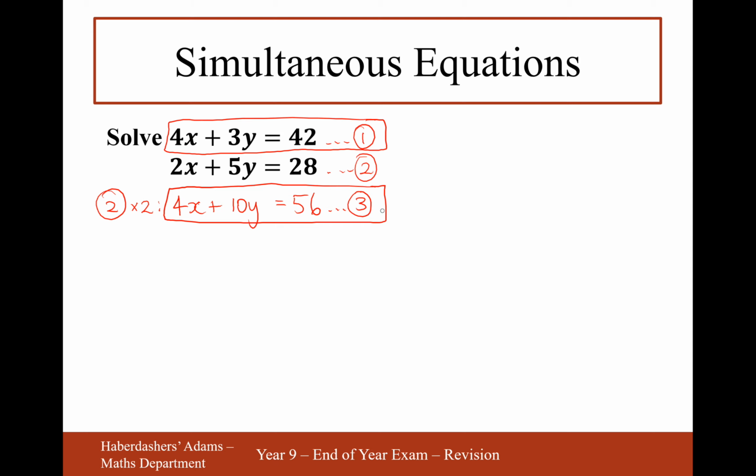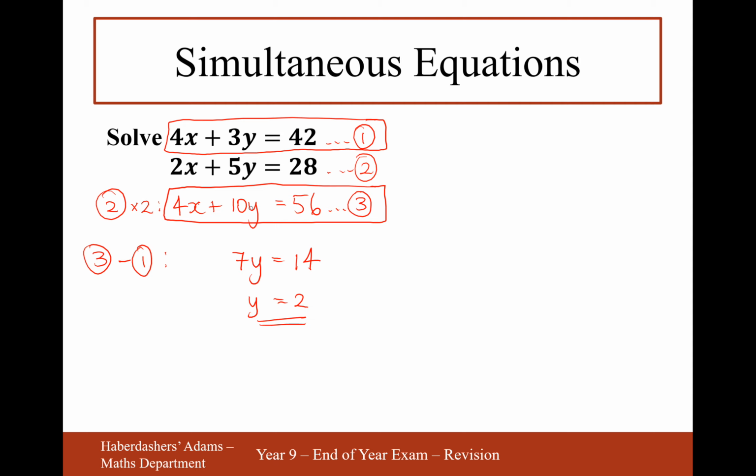So now I can assess the y's, and I'll do 3 take away 1. In the columns, 4x take away 4x is 0. 10y take away 3y is 7y. And 56 take away 42 is 14. So I nicely get that y is equal to 2.